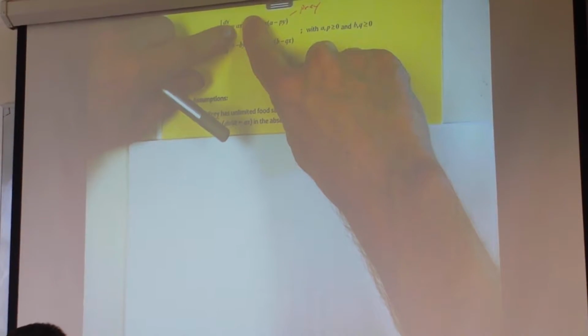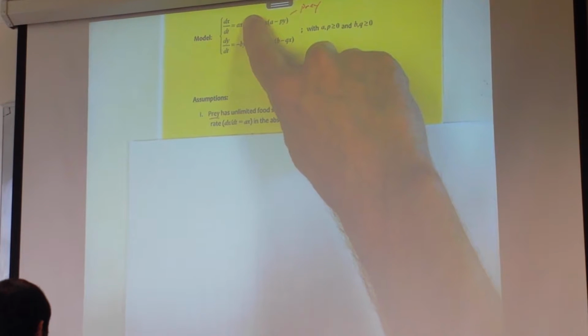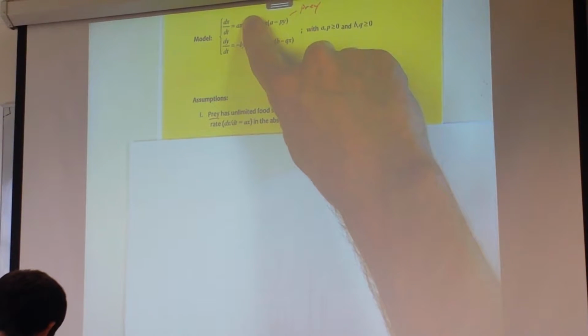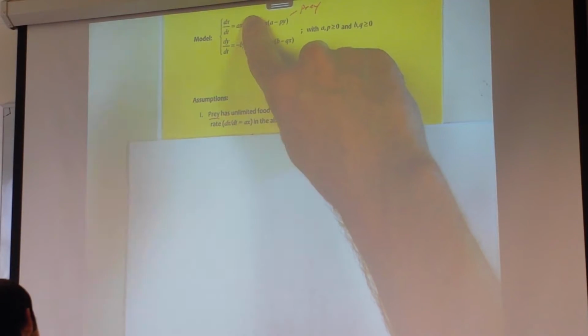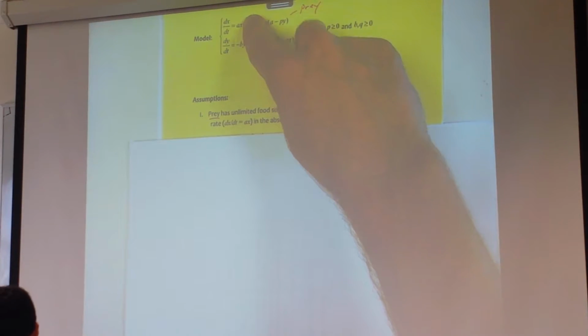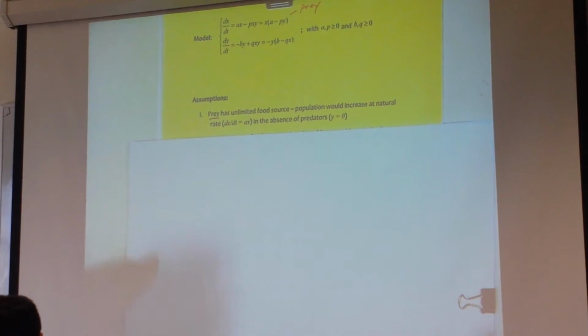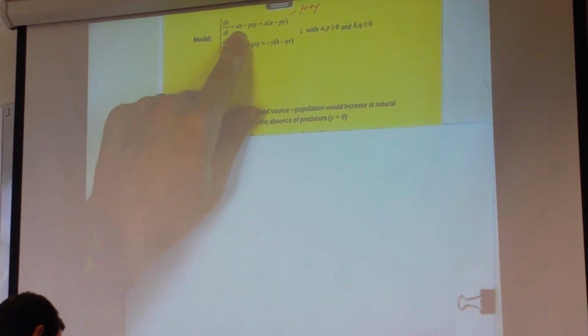That says the growth rate of the population is proportional to the existing population. So the larger the population, the larger the growth rate. There's more to multiply, right? And the solution to that would be an exponential function. That would be natural growth, exponentially increasing. So that's built into the model. The coefficient in front of that is positive.